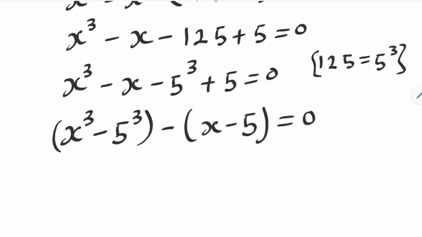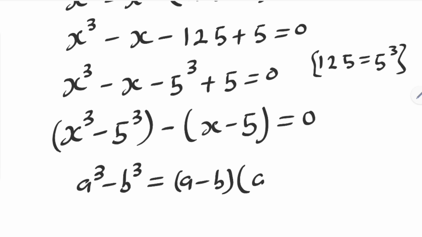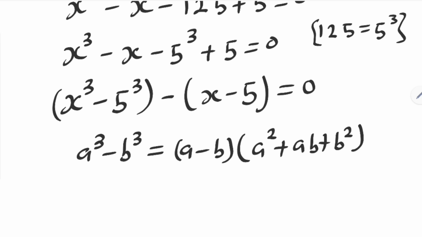Take note that a raised to power 3 minus b raised to the power of 3 is equal to a minus b, bracket a square plus ab plus b square, where a is equal to s and b is equal to 5.